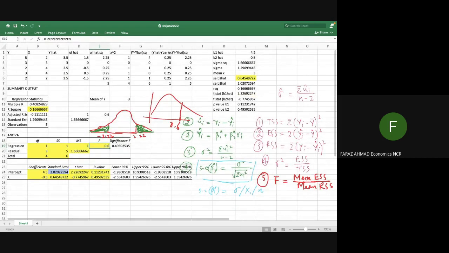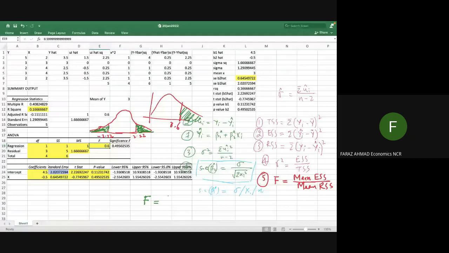So any distribution which you are drawing can have a p-value. P-value is the probability, which is nothing but the area under the curve with respect to a certain value. So what is the p-value of the F statistic, which is 0.6, right? Now, the F statistic has a numerator and a denominator.